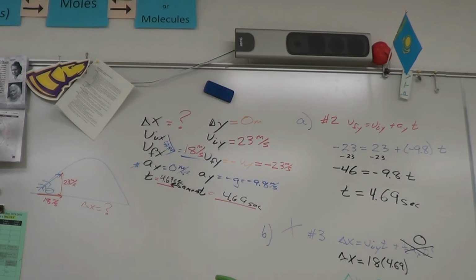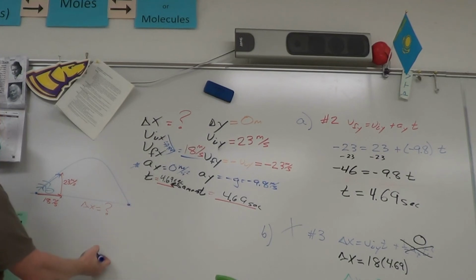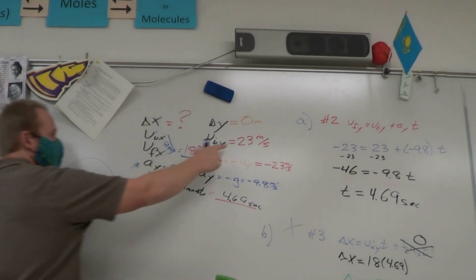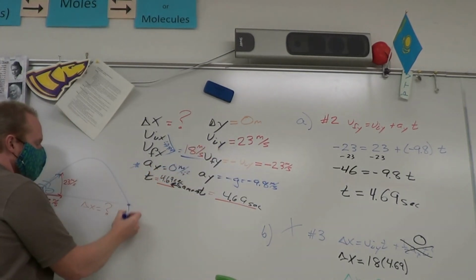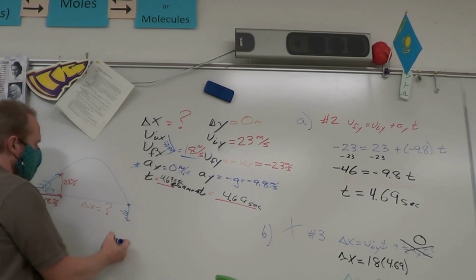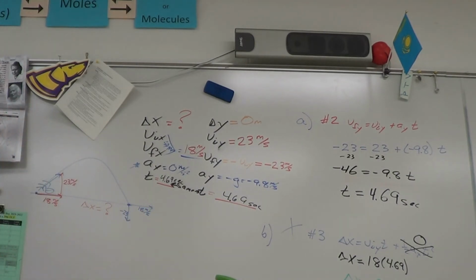Because the variable list we have is where the arrow starts here and it ends here. This is my initial, this is my final. It was initially going up at 23 meters per second, but it's going to be coming down at 23 meters per second. It's still going to be going 18 meters per second for my final velocities.